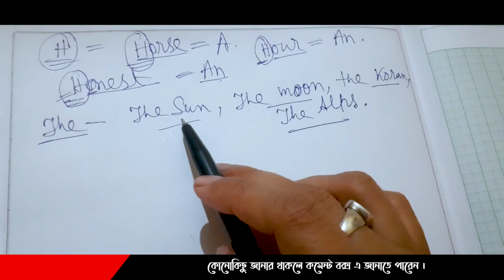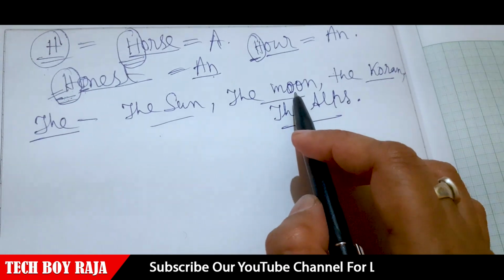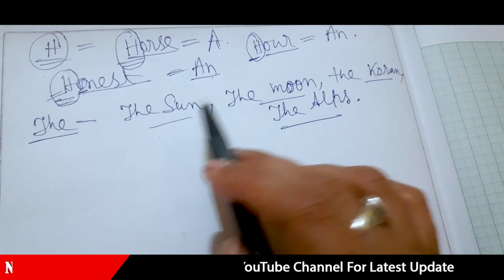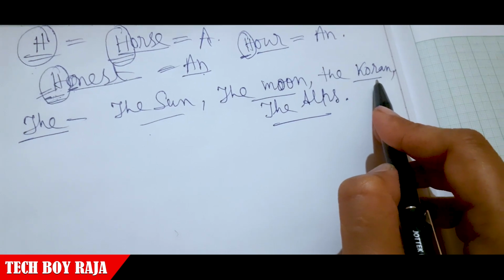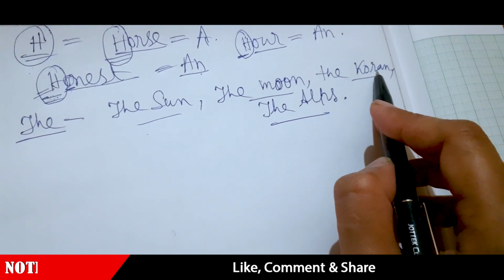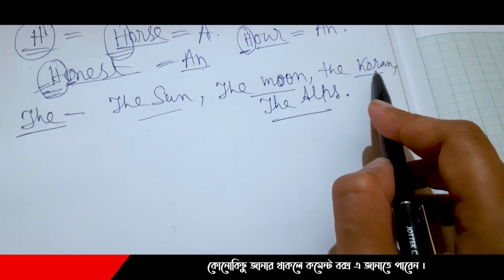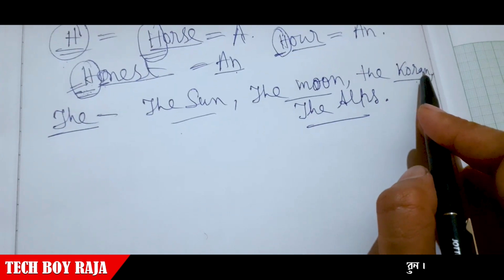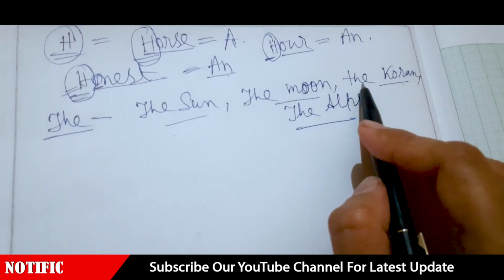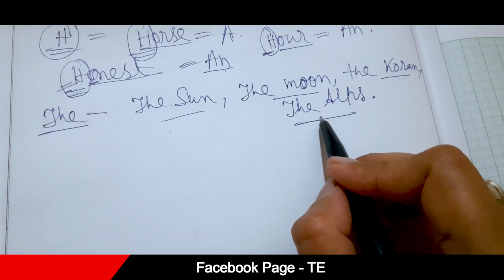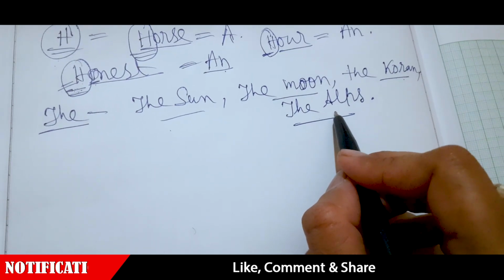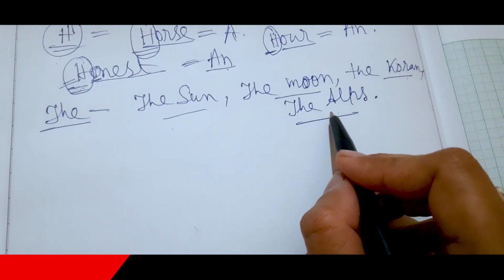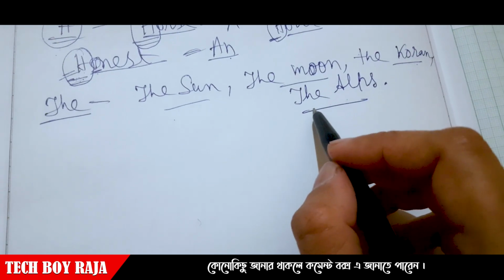Now sun, moon, obviously those are one object present on earth, so there will be the. Next, Quran, that is the name of a book. Quran is a proper noun, but as it is particularizing the Quran only, there will also be the. Similarly, Alps, they are also one mountain particularly being mentioned, so there also will be the.